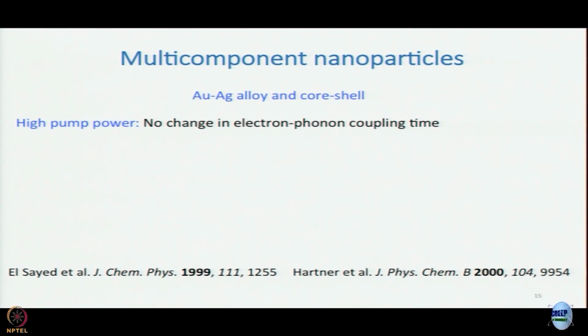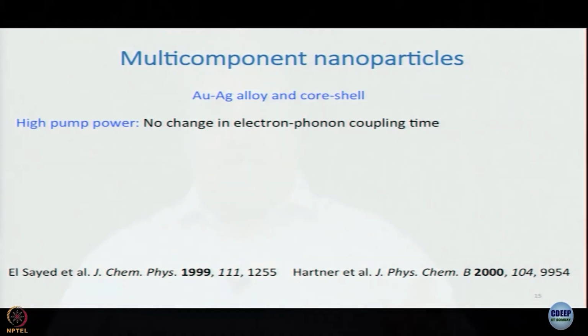And what they reported is there is no change in electron phonon coupling time. But the problem is that they worked at very high pump power. So, for the next 7-8 years, this was the state of the art, that for these gold silver alloy and core shell nanoparticles, there is no change in electron phonon coupling time with composition, nothing.